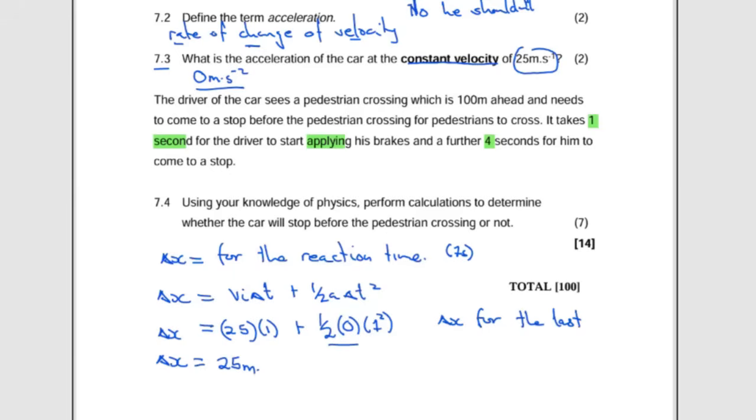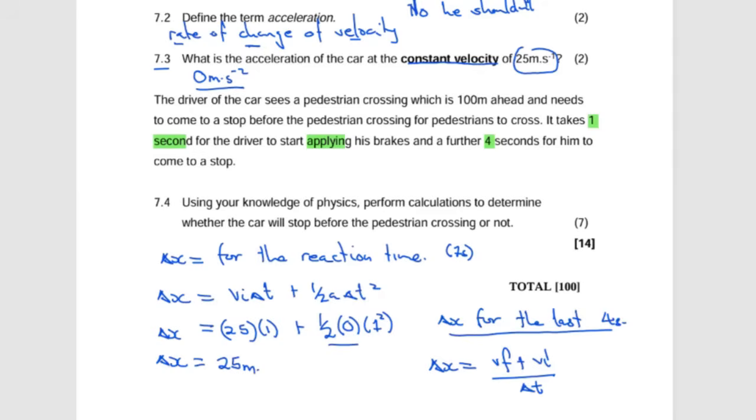Then I also need to calculate the delta x for the last 4 seconds. For that I'm going to use the equation delta x is equivalent to vf plus vi, all over 2, then multiplied by my delta t.